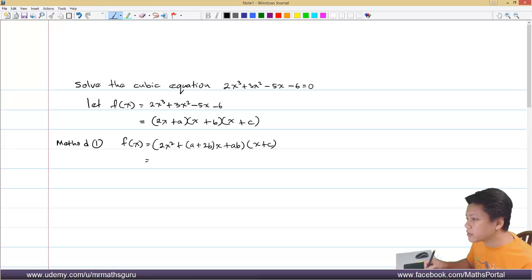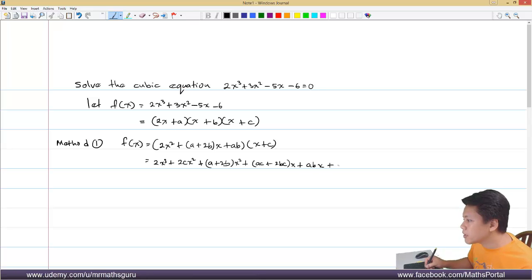Multiplying these 2 expressions now, we have 2x cubed plus 2cx squared plus (a plus 2b)x squared plus (ac plus 2bc)x plus abx plus abc.